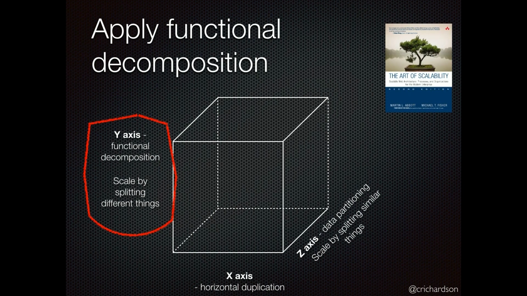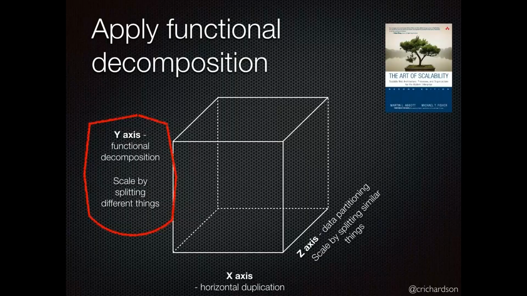What Y-axis scaling is about is functional decomposition. So rather than running multiple identical things, you functionally decompose your application. So this function is performed by this service. A different function is performed by a different service.